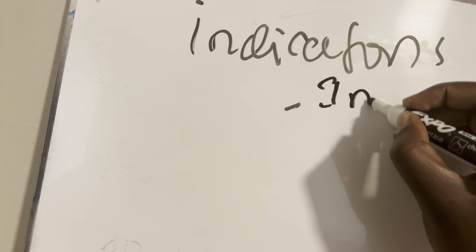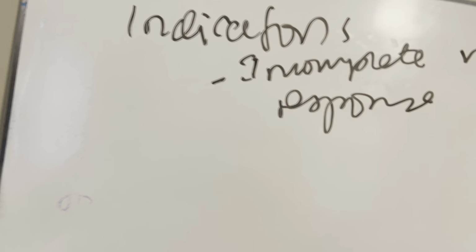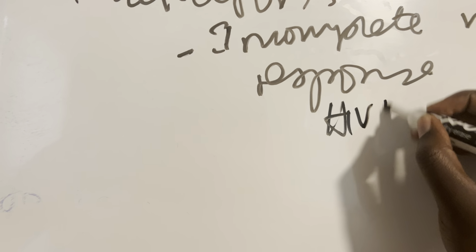Under virological failure, we have what we call indicators. The first is incomplete virological response: HIV RNA of above 200 copies.